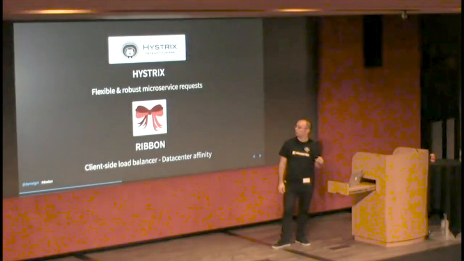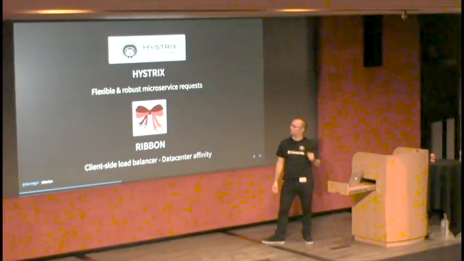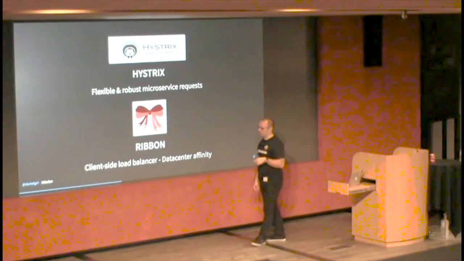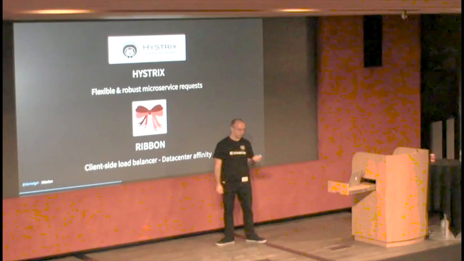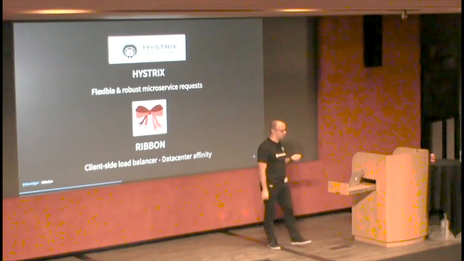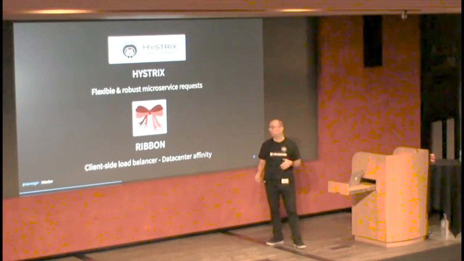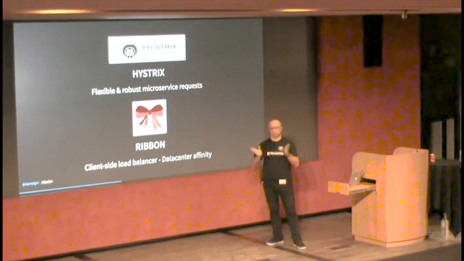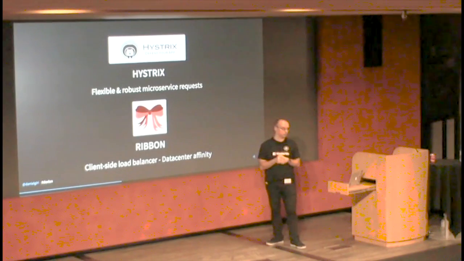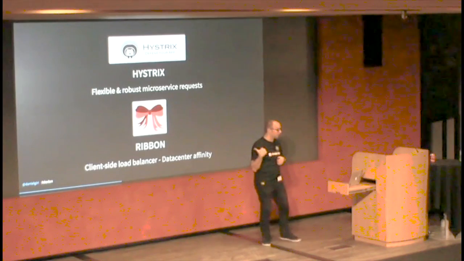Just to mention a couple of key components that are not in the diagram: in this project and many others, we leverage some open source Netflix components that Netflix has kindly given to the open source community. In this case, I showcased 2 of them.